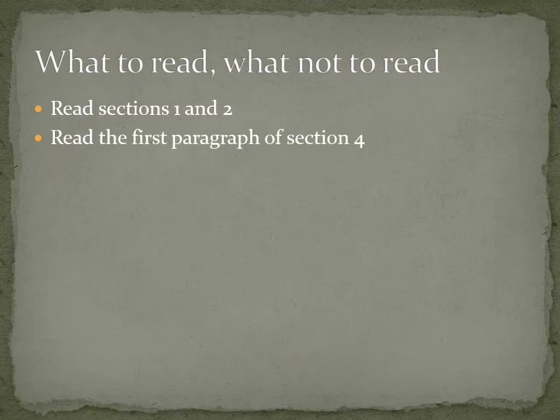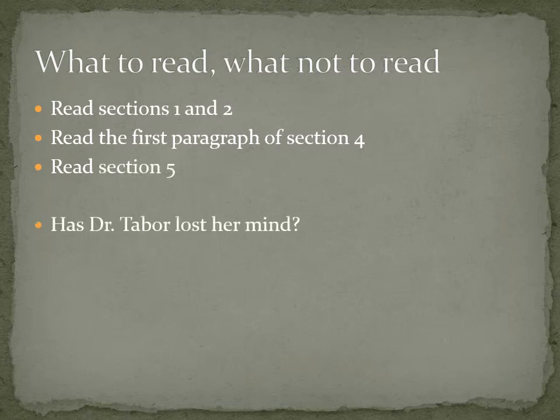Skip section 3 and go on and read the first paragraph of section 4. Then skip the rest of section 4 and read section 5. Now wait a minute. Didn't I just tell you that an author plans each paragraph as one step down a path to lead you to the conclusion that she or he wants you to accept?